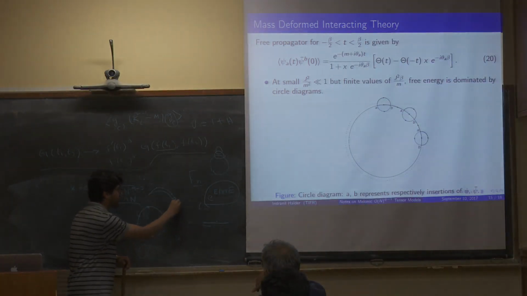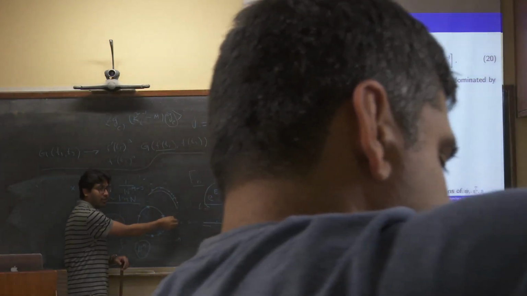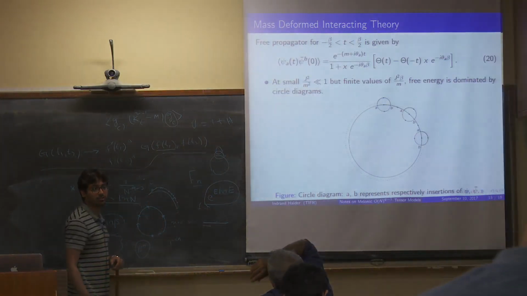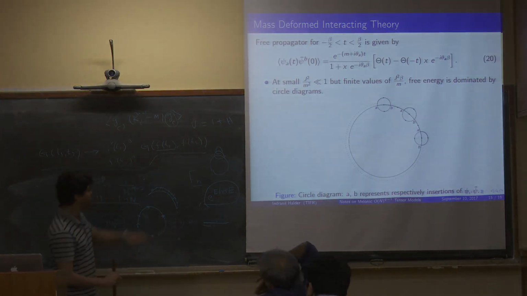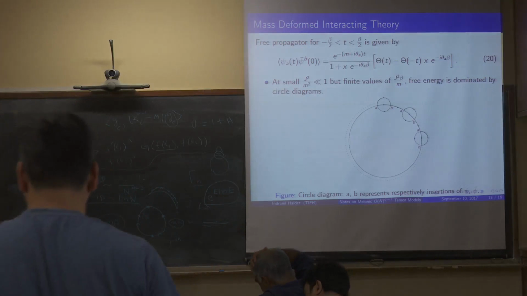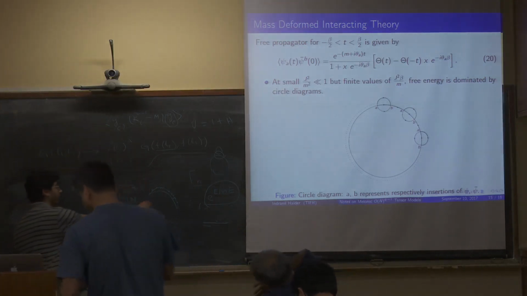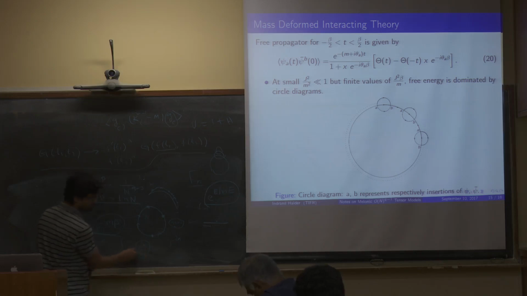You go forward with all other propagators, and come back the equal amount with the flipped one. So you are not picking up any factor from the winding, but because of going back you get a factor of x from there. We are calculating only at order x. Because these things are free, you again get a power of beta to the n from these diagrams.